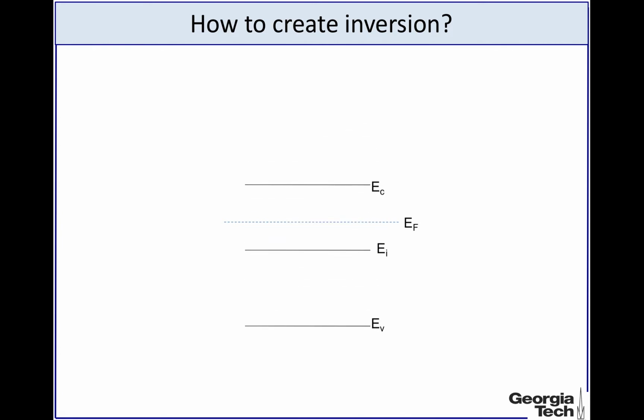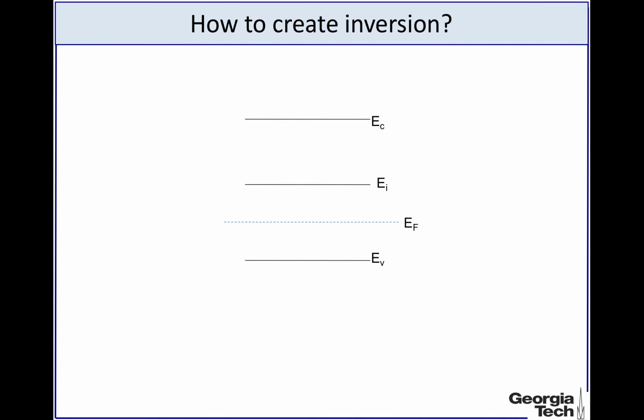and as they go down, it creates a situation at the interface such that EF is no longer closer to EV, rather it becomes closer to EC, and this is the case when the interface has become n-type.